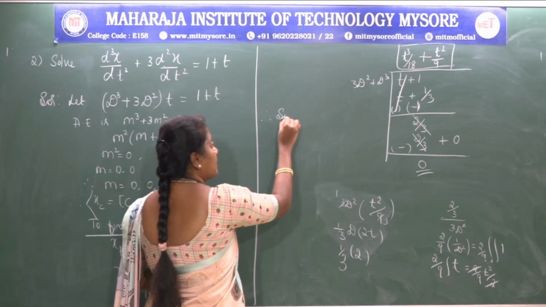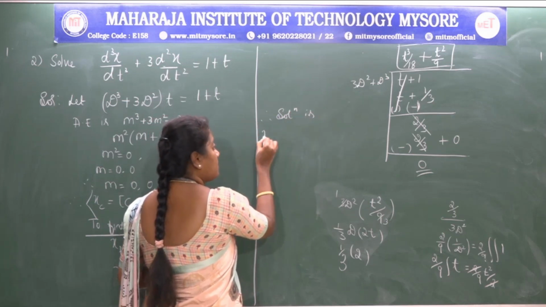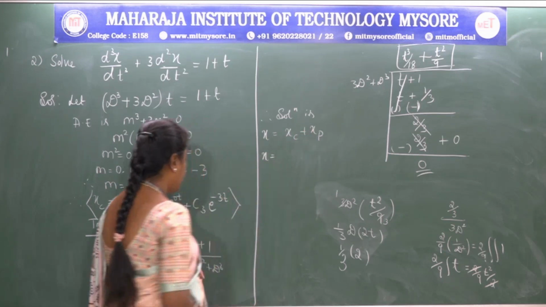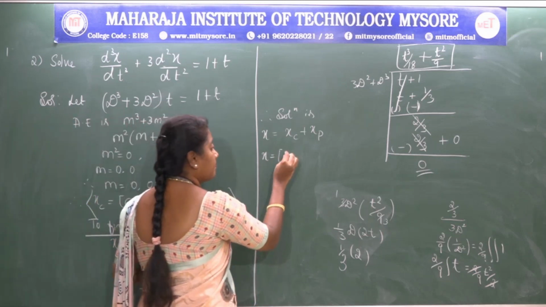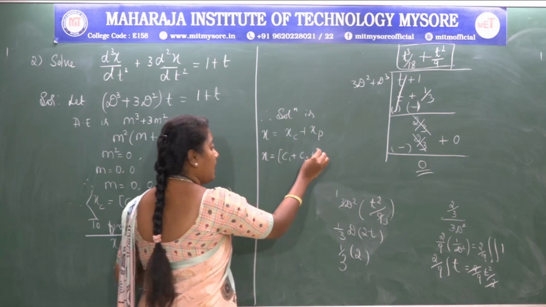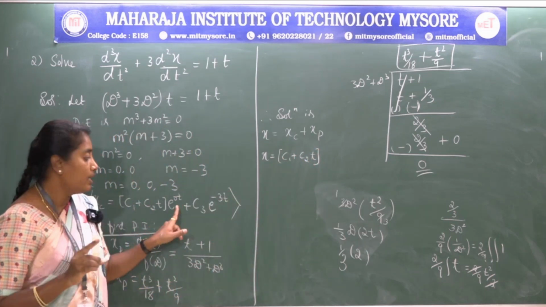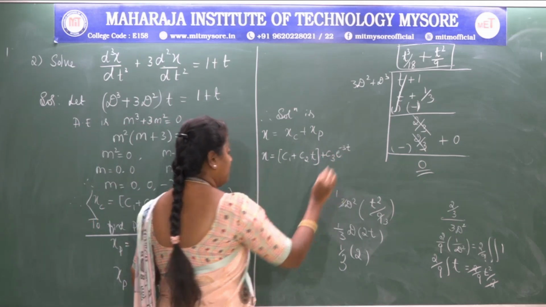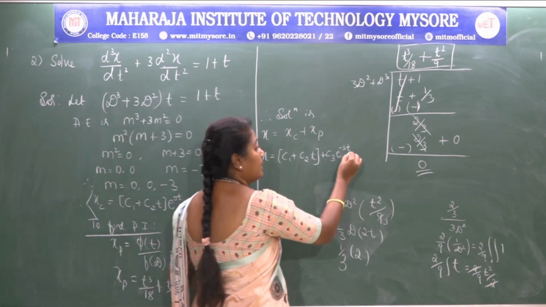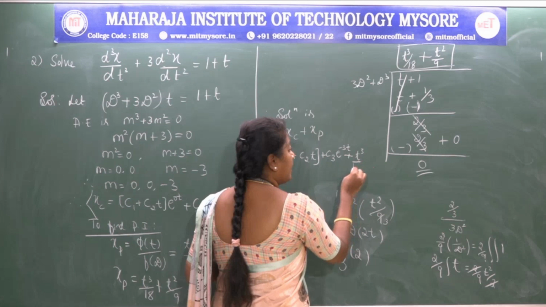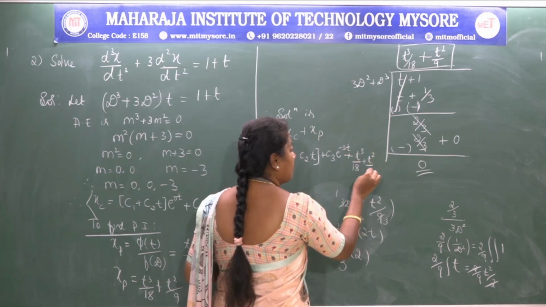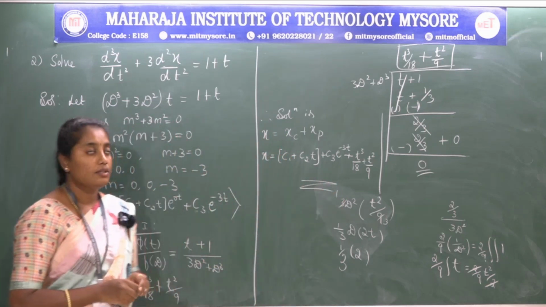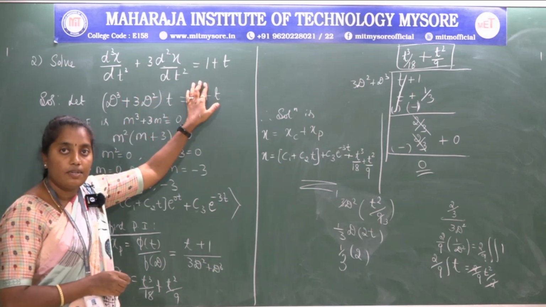Therefore, complete solution of given differential equation is x is equal to xc plus xp. x is equal to xc value is c1 plus c2 into t, and the value of e power of 0t is equal to 1, remaining c3 plus e power of minus 3t plus particular integral value t cube by 18 plus t square by 9. So this is the solution of the given differential equation.